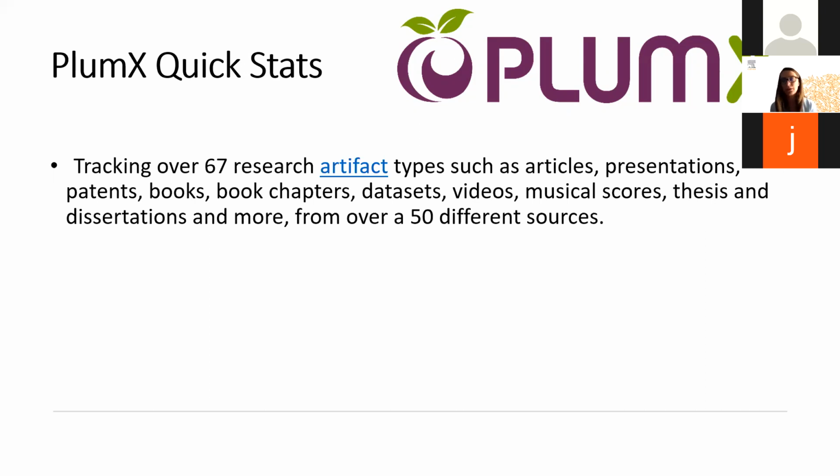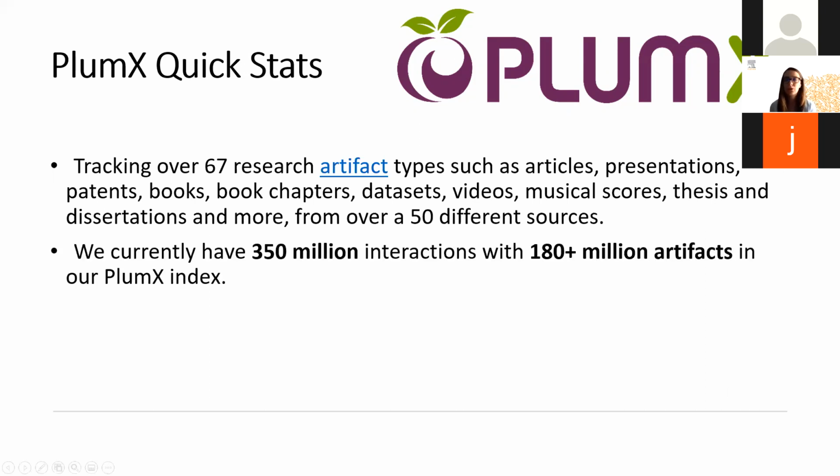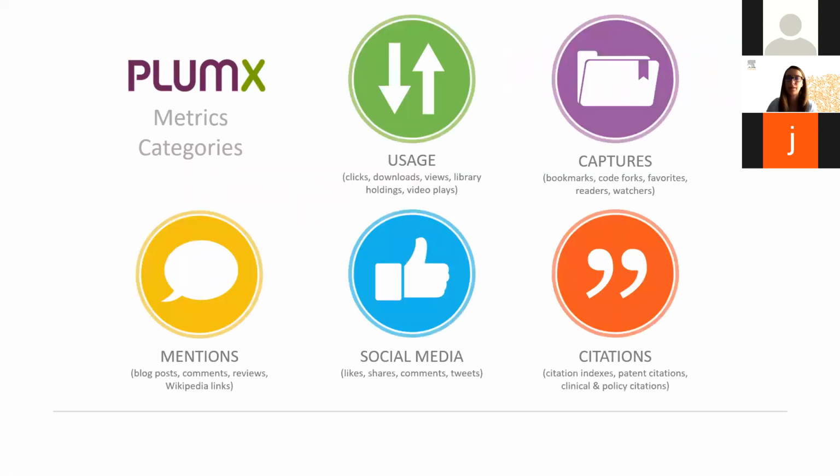So we have articles, presentations, patents, books, book chapters, data sets, videos, musical scores, theses and dissertations, and more from over 50 different sources. And currently we have around 350 million interactions with over 180 million artifacts in the PlumX index.